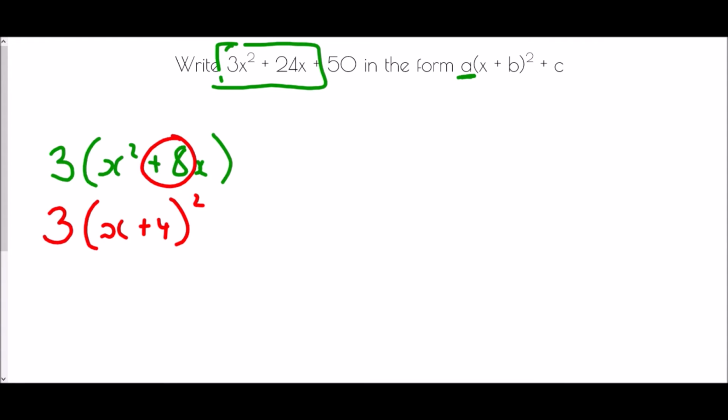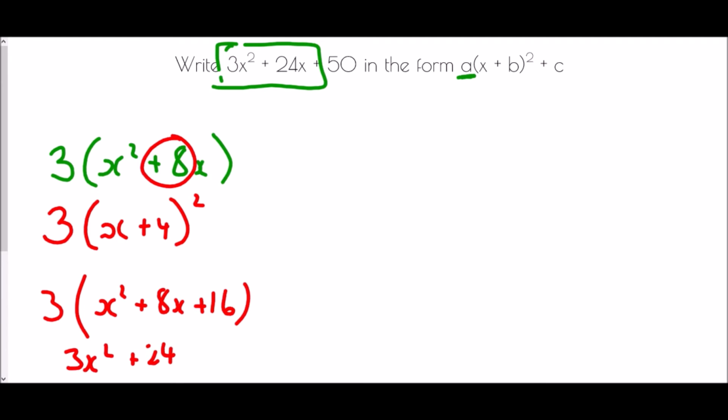x plus 4 squared would give me x squared plus 8x plus 16, and we have 3 lots of this, and so 3 lots of this would be 3x squared plus 24x plus 48, which is very close to what we wanted at the top, but we actually wanted plus 50.